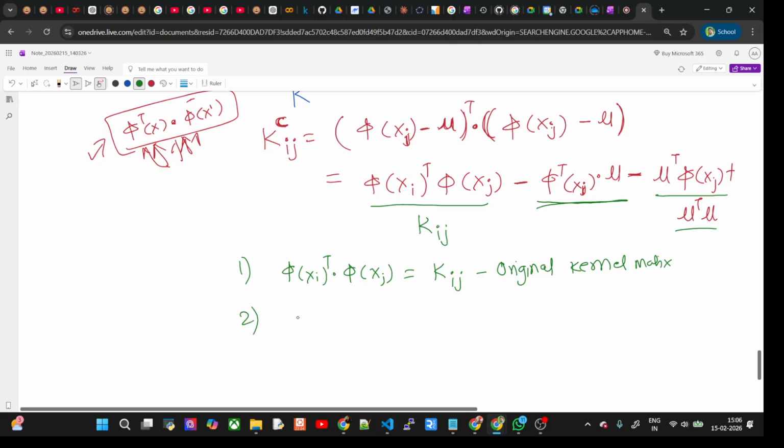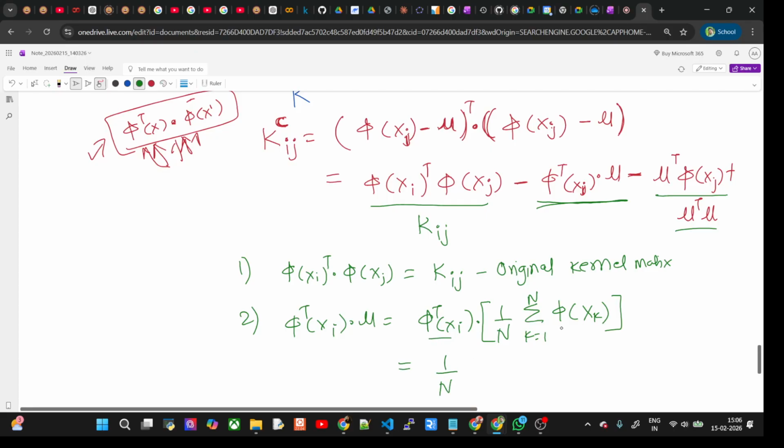Next is phi transpose xi into mu, your mean. I am actually trying to derive this equation. And mean is what? It is 1 over n, summation from k equal to 1 to n, of phi of xk.